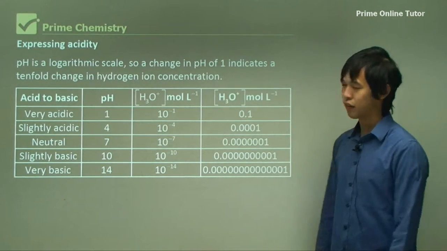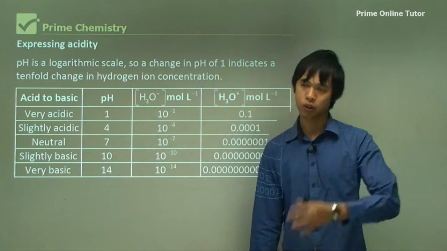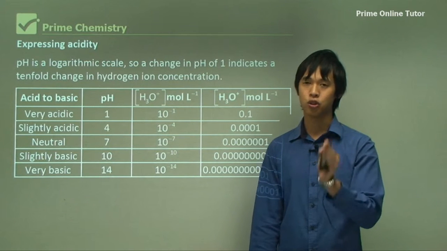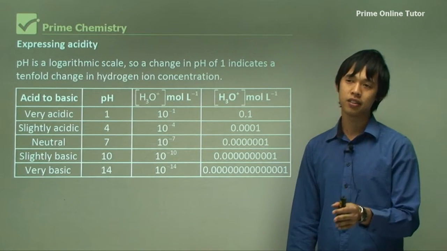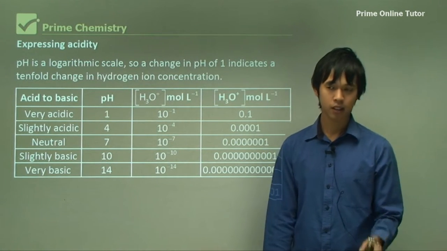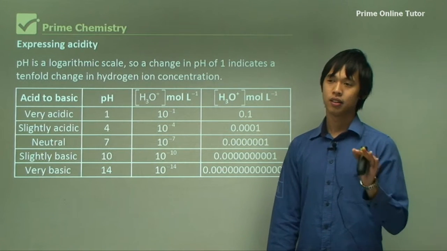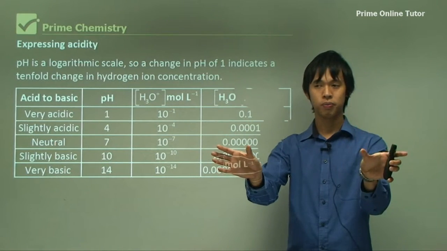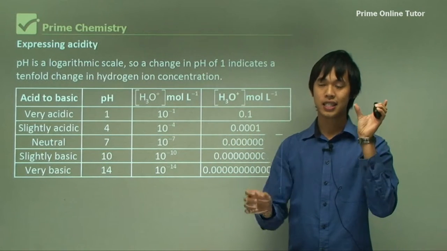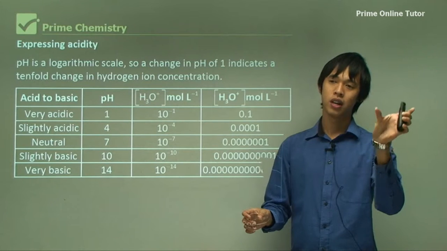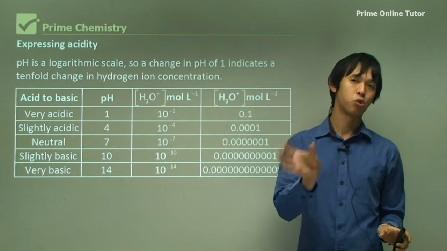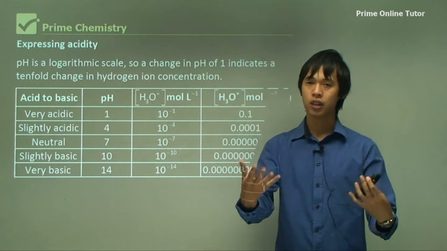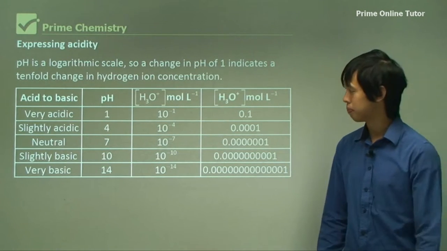If I go from 2 to 1, so I had a substance with pH 2, and then I added hydrogen ions to get pH 1, if I compare the two, pH 1 has 10 times more hydrogen ions than pH 2. Okay, that's just how it works. That's the result of that base 10 logarithm.